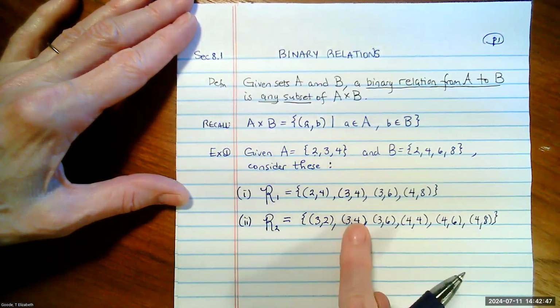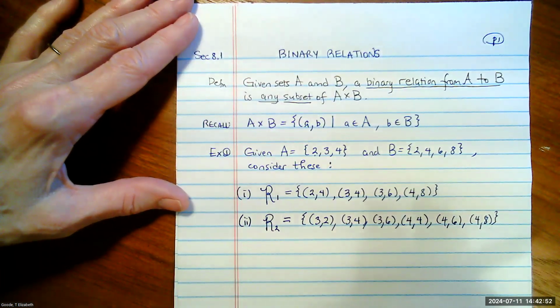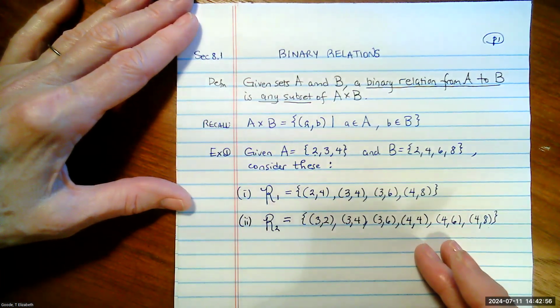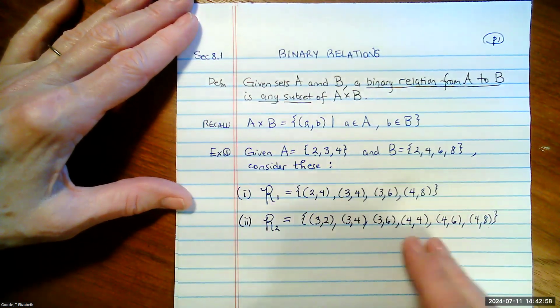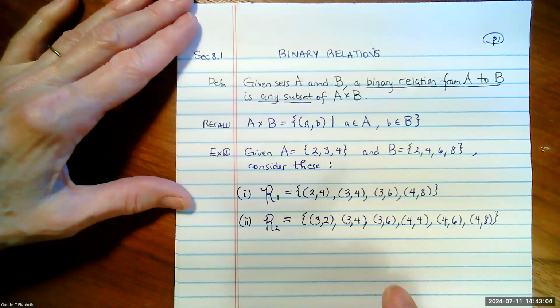Here I picked 6 of the elements from A cross B to build a binary relation. There's nothing special about these 2 examples. I've just picked some elements from A cross B to show you that any subset of A cross B is technically a binary relation from A to B.